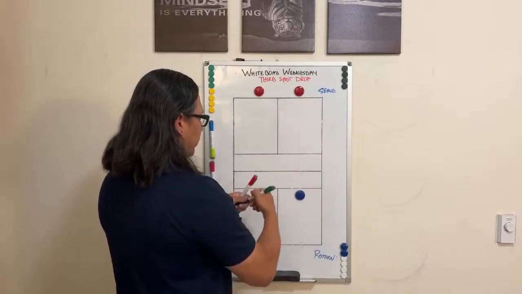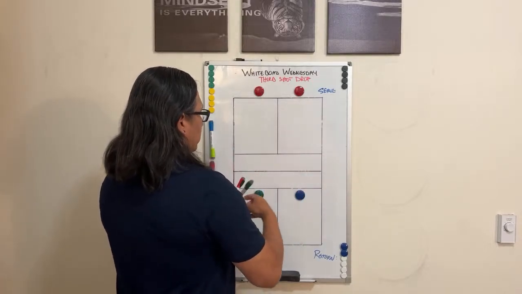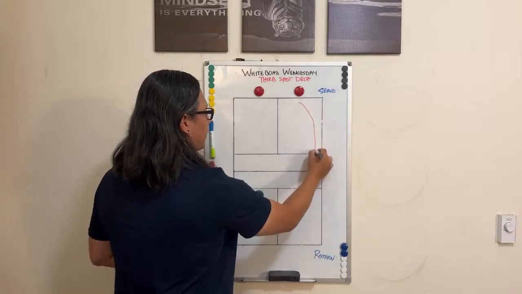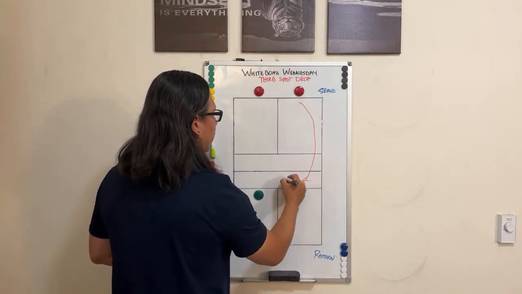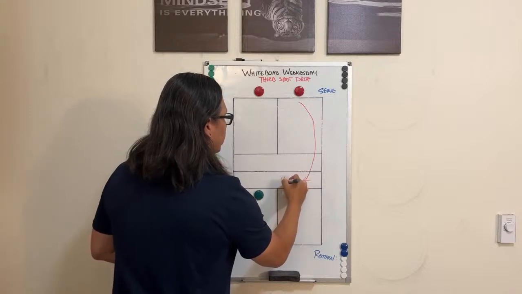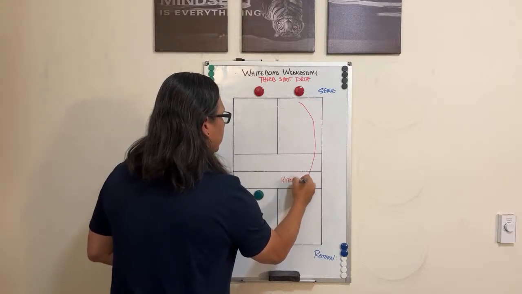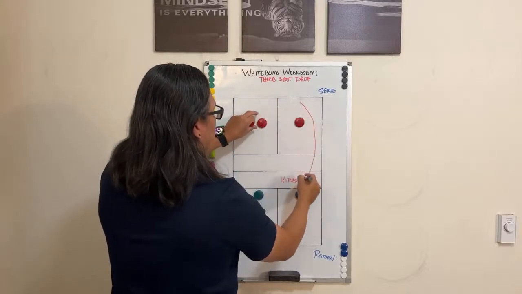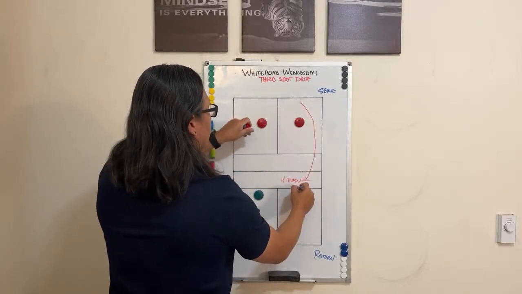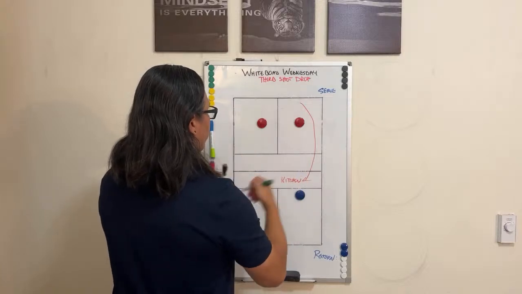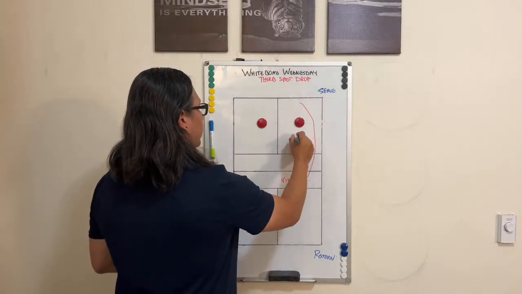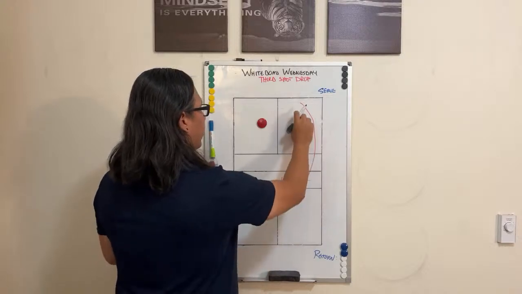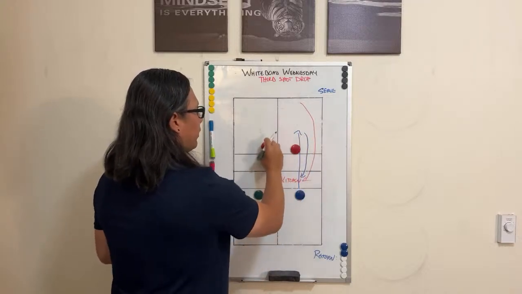So this player here will work on hitting this drop shot into the non-volley zone, right, or the kitchen. And as they do, this team is going to work together, and then say they get this far, and then the ball comes back, and then this player again is going to work on hitting another drop shot, and this team will eventually make it all the way up.